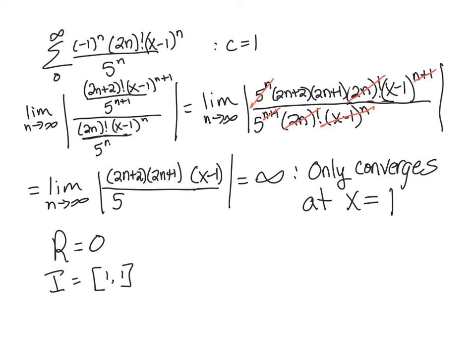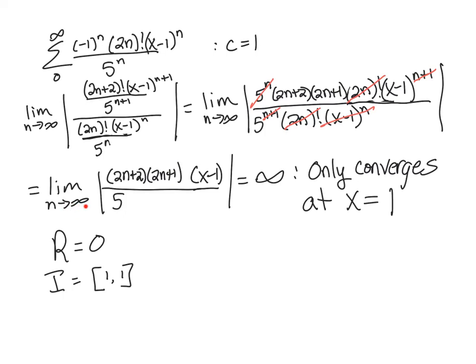All of the 5's cancel on the top, and we're left with 5 on the bottom right here. The 2n factorial is going to cancel the 2n factorial after I've peeled off the first two factors. X minus 1 to the n cancels all but one of these x minus 1's in the top. So what am I left with? I've got the 2n plus 2, 2n plus 1. I've got one of the x minus 1's, and I'm left with just a 5 in the denominator.